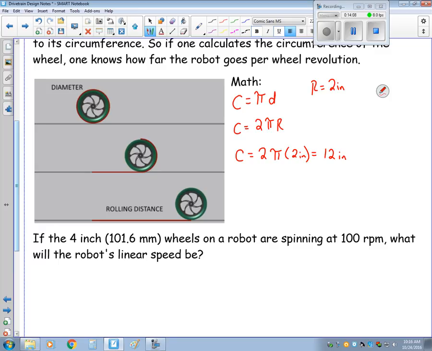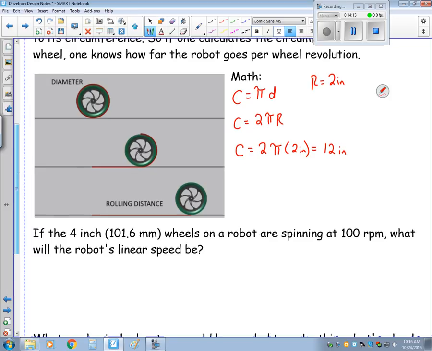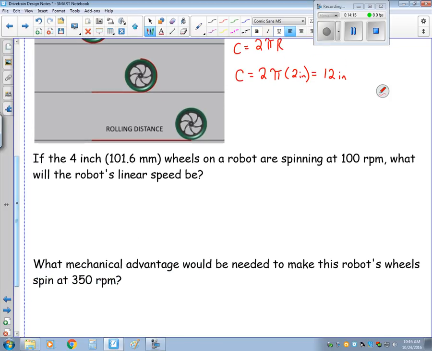So let's say that we got our 4-inch wheels on here, and let's say that they're spinning at 100 RPM, so revolutions per minute. What would be the robot's linear speed? So I've got 100 revolutions per minute, and I need to understand that it also travels at 12 inches per revolution.